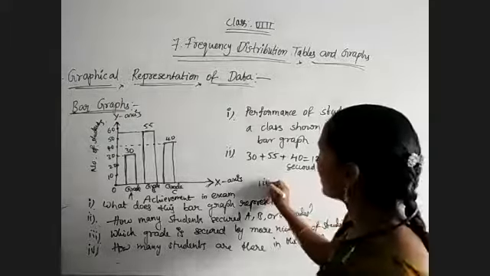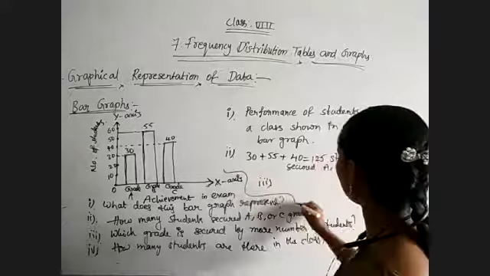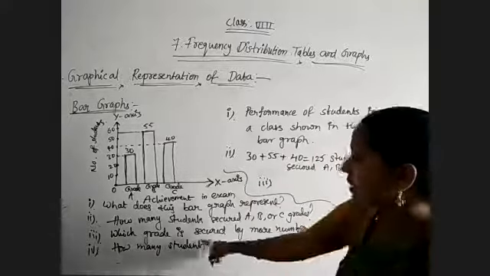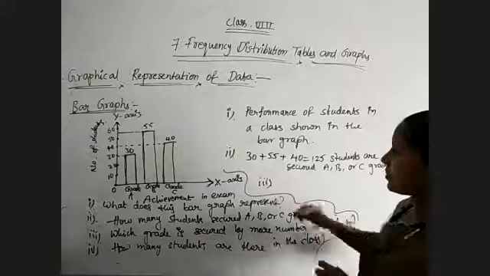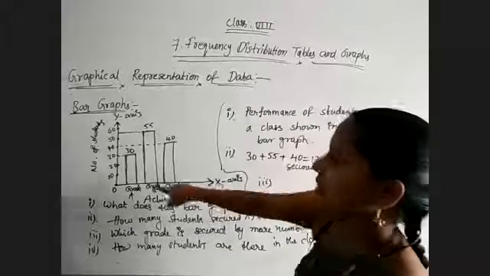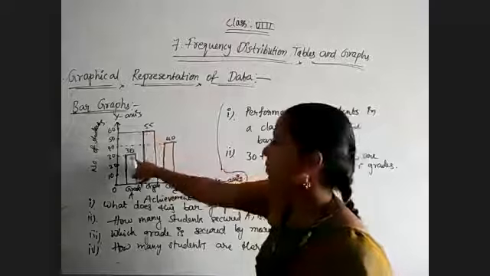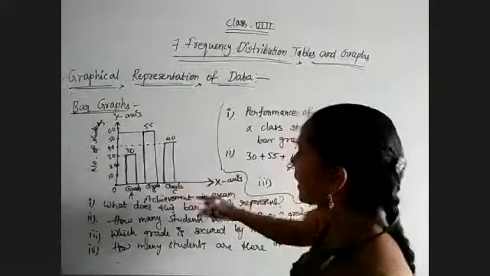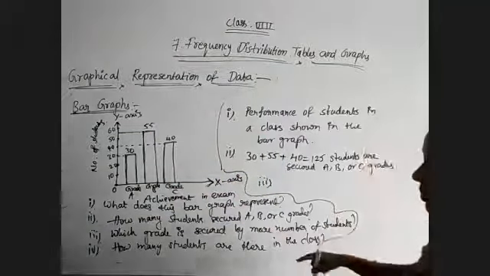Next, third question. Which grade is secured by more number of students? Just observe, 55 is more than 30 and 40. So grade B is scored by more people.